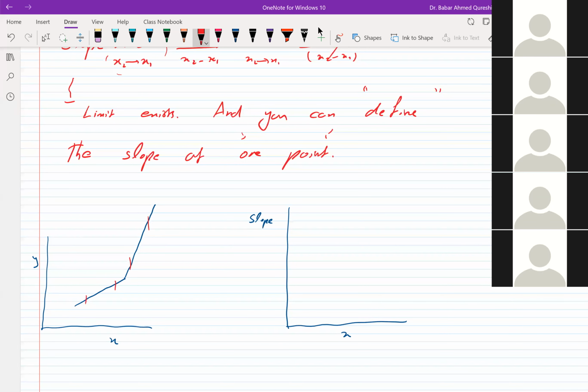Because this is line 1, and this is line 2. Mathematically, these lines do not have the same equation. They have different equations, so they have different slopes. And also pictorially, intuitively, you can see they have different slopes. So I should get different answers.